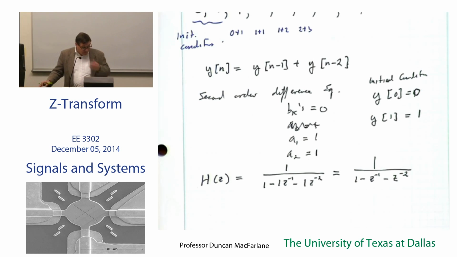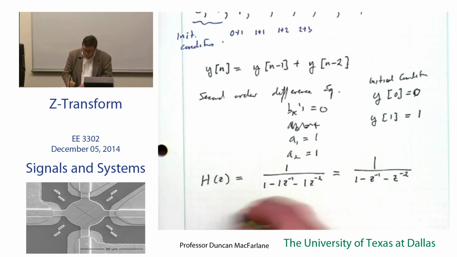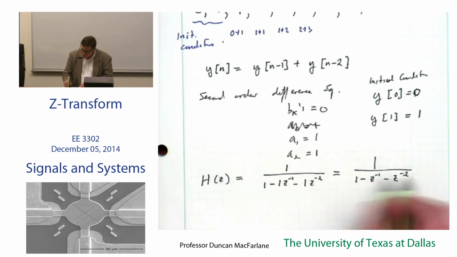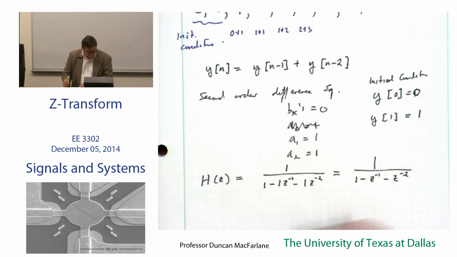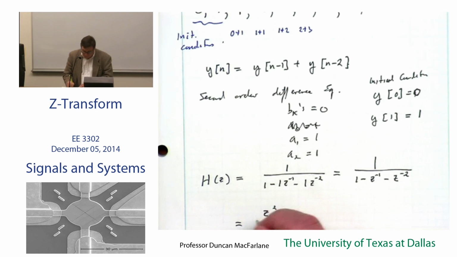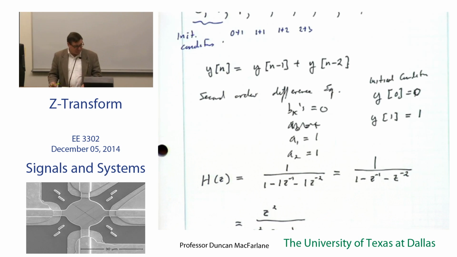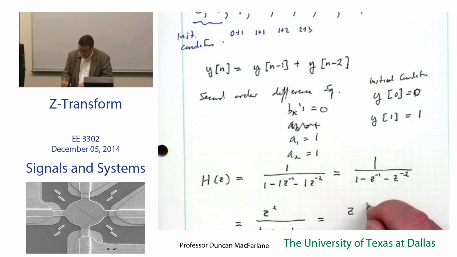Now I said that we could factor this, so let me give you a quick example of that. I'm going to multiply through by z squared over z squared. So this will equal z squared over z squared minus z minus 1, which equals z squared over z minus pole 1 times z minus pole 2.